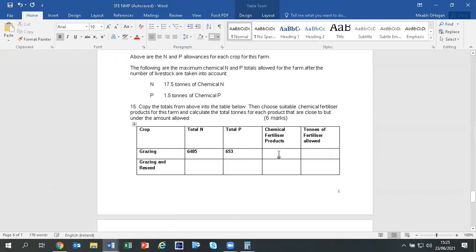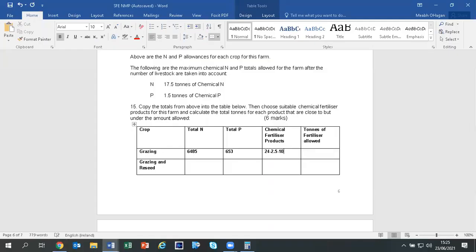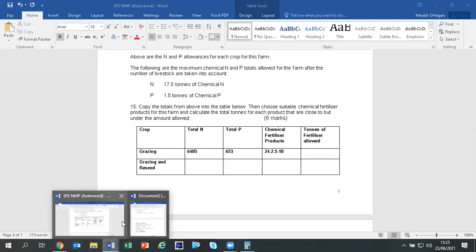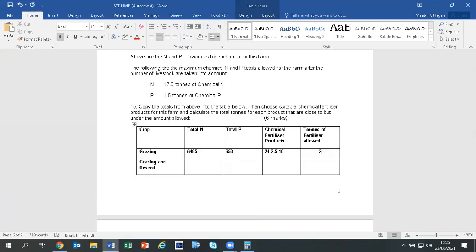The chemical fertilizer we are recommending is 24, 2.5, 10. And the tons of fertilizer that we are currently spreading is going to be 26.1 tons.